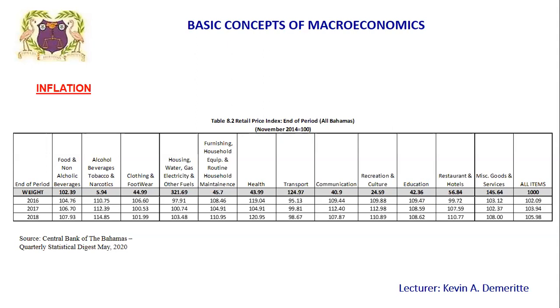Now, each item in the category has a weight in and of itself, depending on how important it is to that category. So if we're looking at the housing, water, gas, electricity, and other fuels category, clearly rent or mortgage cost would be a huge issue within that category.